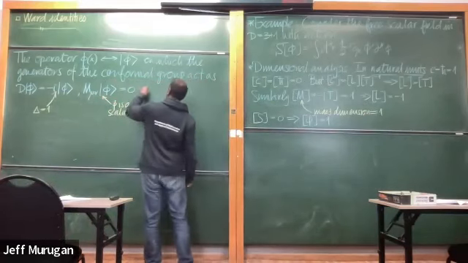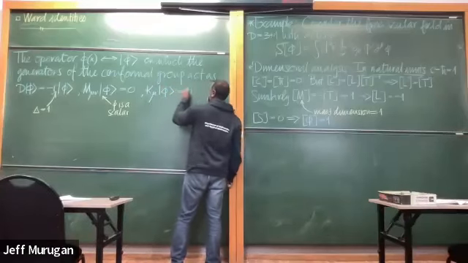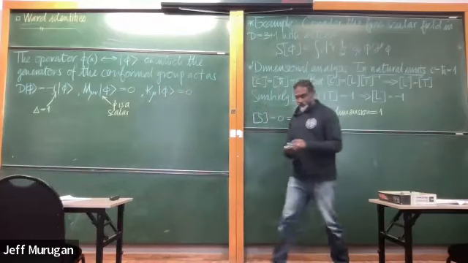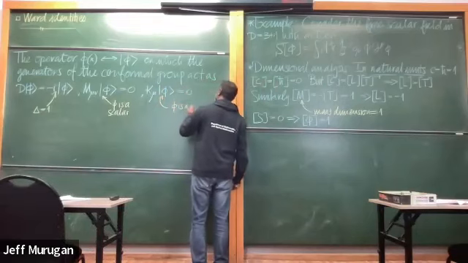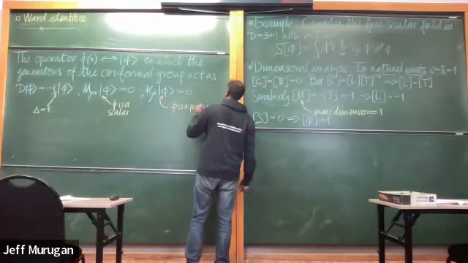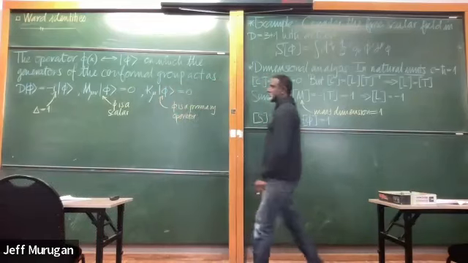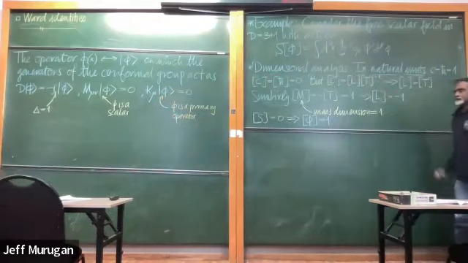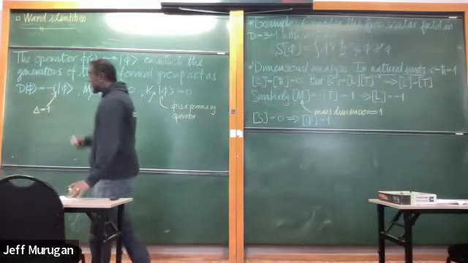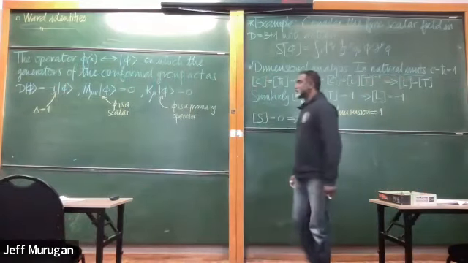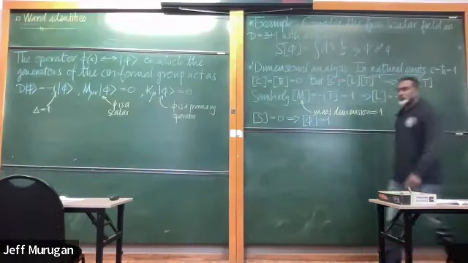And k mu phi also vanishes. And that's because phi is a primary. And as usual, descendants of phi are generated by acting on phi with p mu, right, with derivatives.